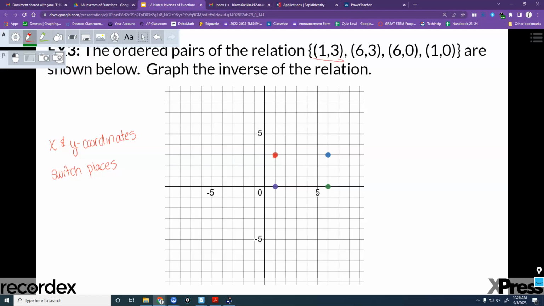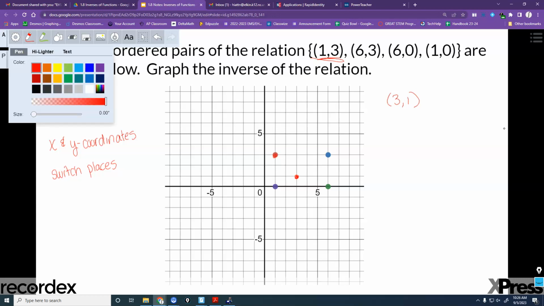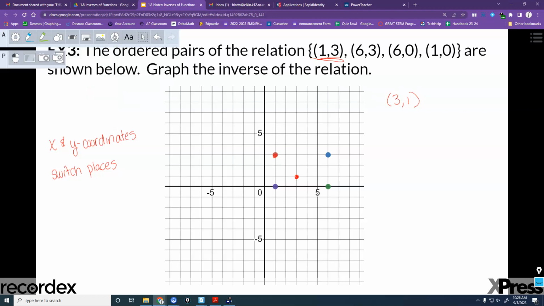So if I flip it, it would be 3, 1. So 1, 3 becomes 3, 1. That's this point right here. Okay. Then 6, 3. What color is that one? Blue. It's my blue point right here. 6, 3 becomes 3, 6. So 3, 6 is right here.